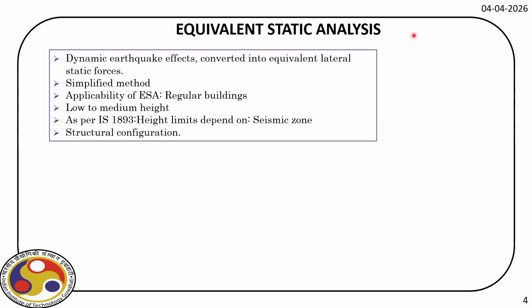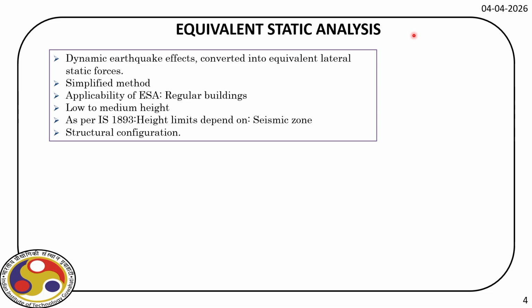What does it mean? It means that the earthquake we are going to apply, which is a dynamic load, we will convert into an equivalent lateral static force. And that force we will apply, we will see how to quantify that equivalent lateral force as per this IS code. And then once we apply that load, we will go for a simplified static analysis.